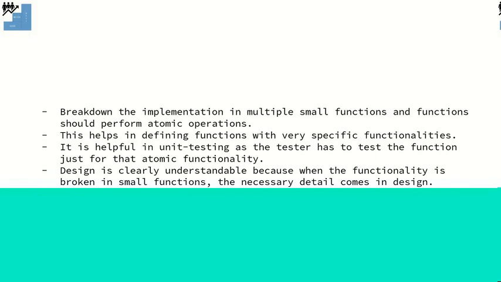But when you have multiple small functions and you explain the functionality using those small functions, there will be greater granularity and detail in designing, which is considered to be a better detailed design.